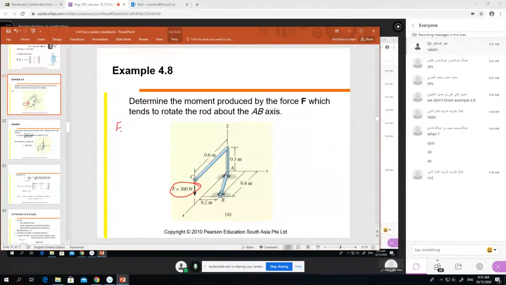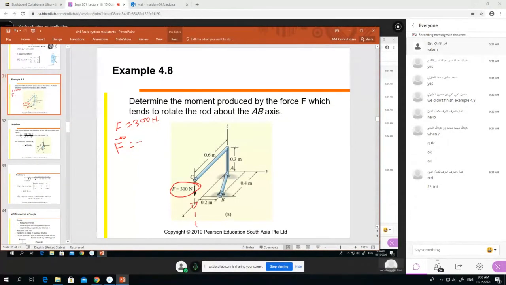Okay, let's start with points C and D. F is given as a scalar, 300 Newton. Now you tell me, if you want to find the vector, everything you can do, but it is very easy because the force is working downward.